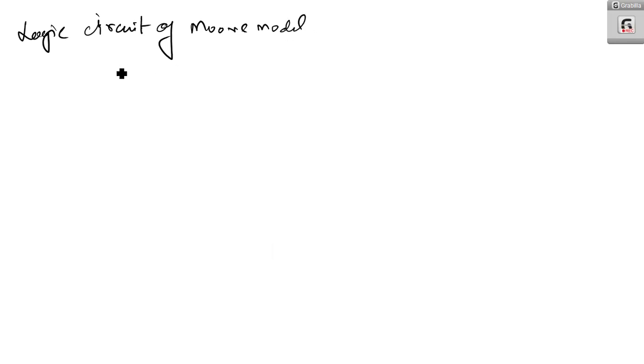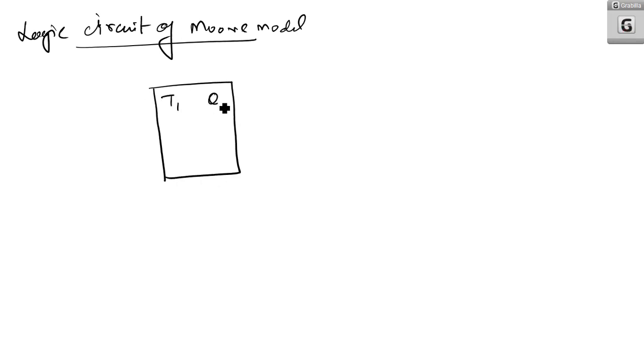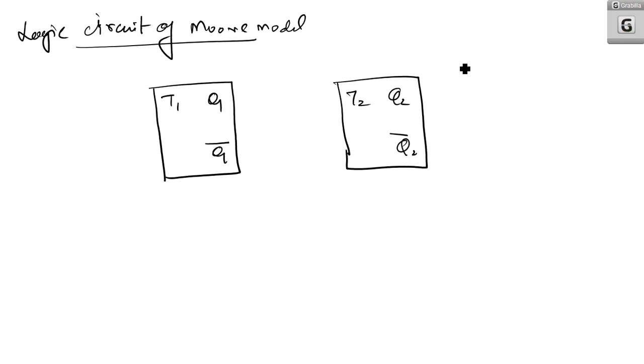So let it be. I am giving an example. I am not going to the analysis of that. So I am having T1, Q1 bar, T2, Q2 bar. So here I am having output Y. Input is X, given as input here to T1.